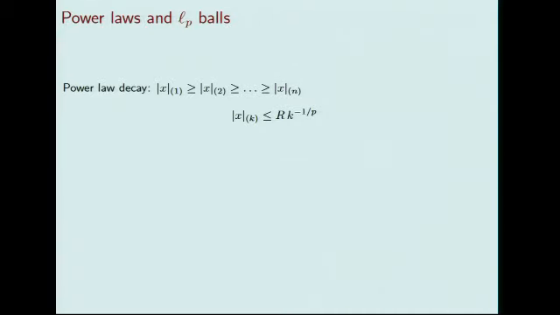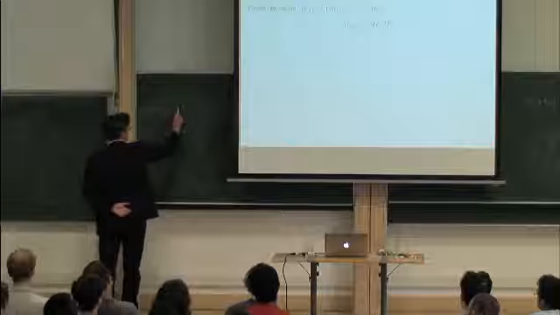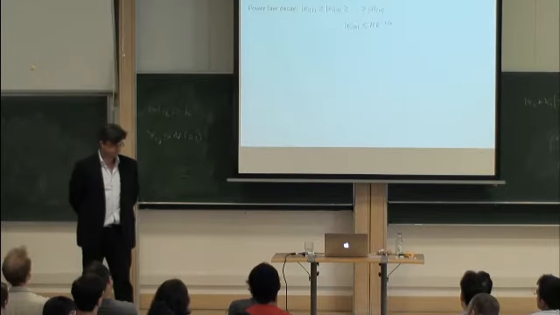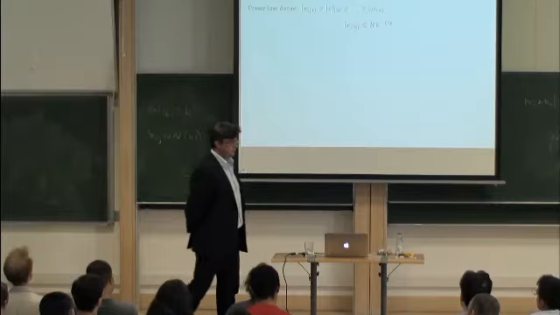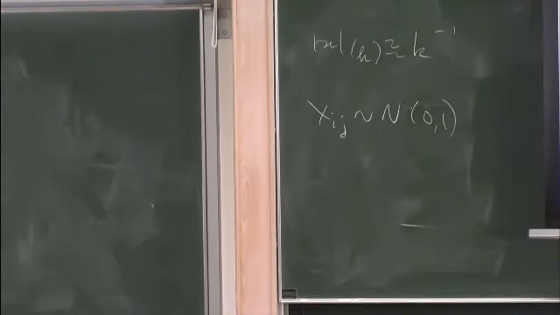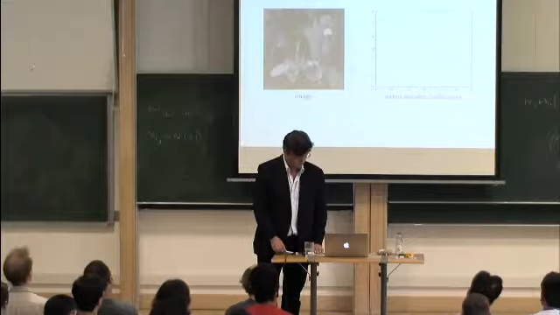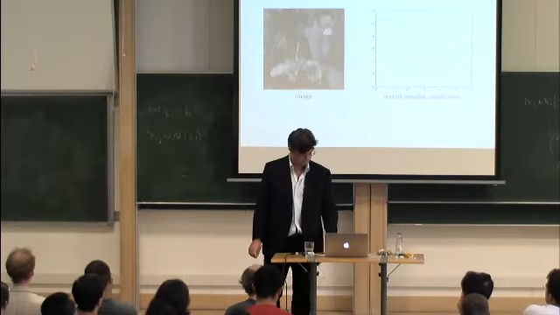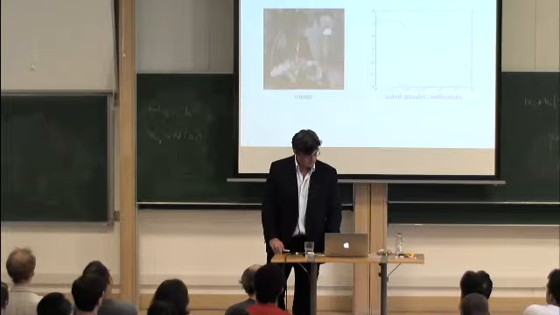So if p is 1, for example, it would say that the coefficients decay like 1 over k, which is what seems to be the case when we take wavelets. If you were to fit a straight line, you would see that the slope is 1, which is roughly what people observe empirically: the wavelet coefficients of natural images decay like something like 1 over k.